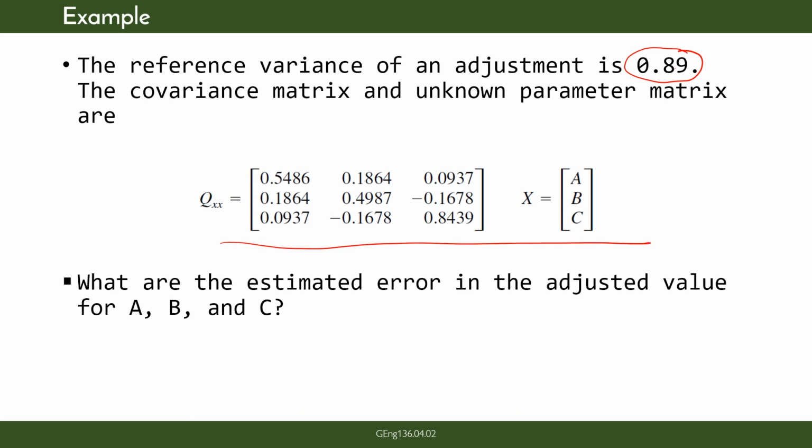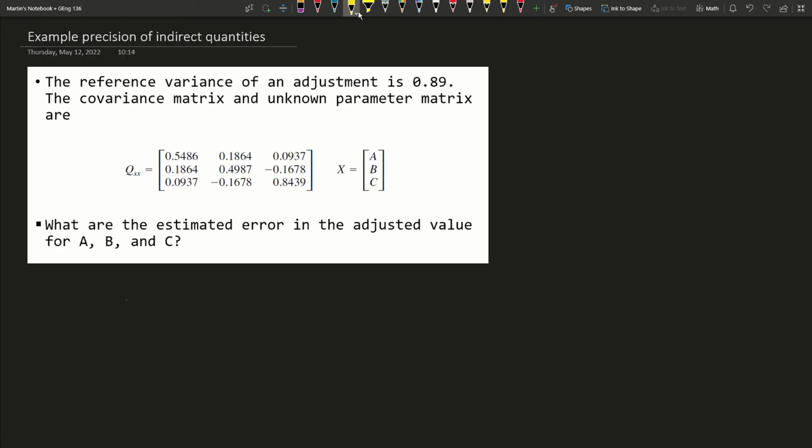What are the estimated errors in the adjusted values for A, B, and C? We have the given value of 0.89 as the reference variance of the adjustment.